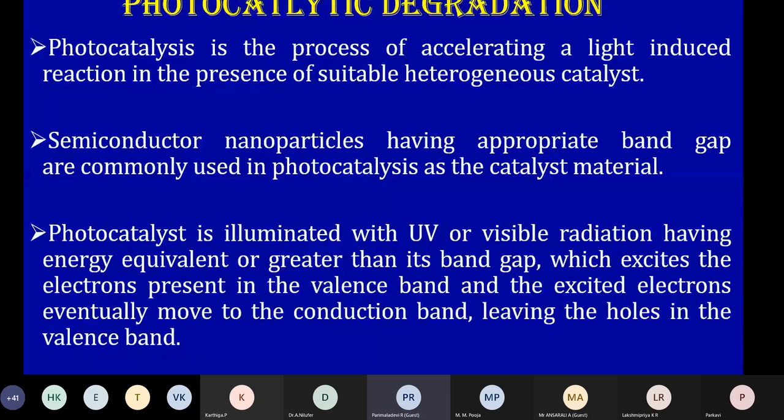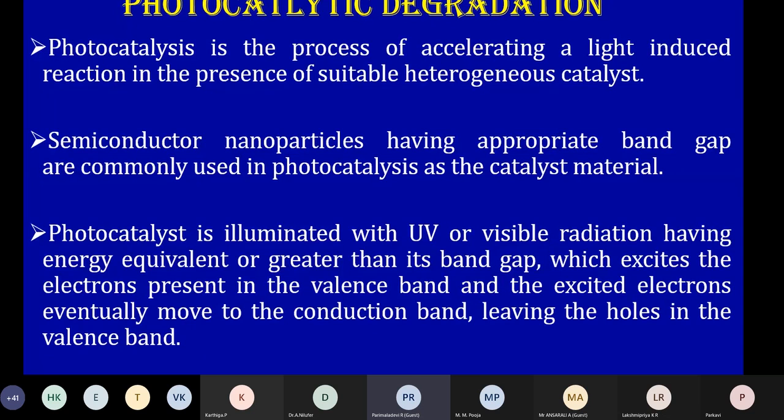Here in photocatalysis, as a photocatalyst we use semiconductor nanoparticles. Photocatalysis is a reaction induced by light, which is why we call it photocatalysis. Using that photocatalyst we can easily degrade the pollutant in water, because our semiconductor has a band gap.